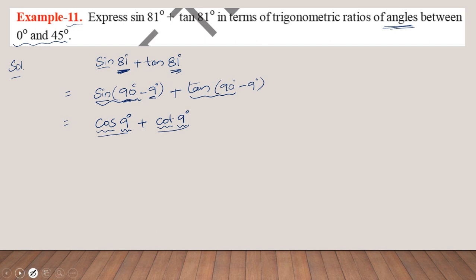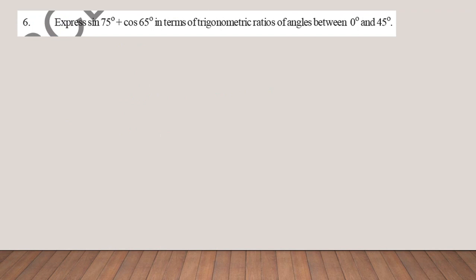Likewise, we have one more problem in our exercise, question number 6. What he has given is sin 75 degrees plus cos 65 degrees, and you need to represent it with angles between 0 degrees and 45 degrees.